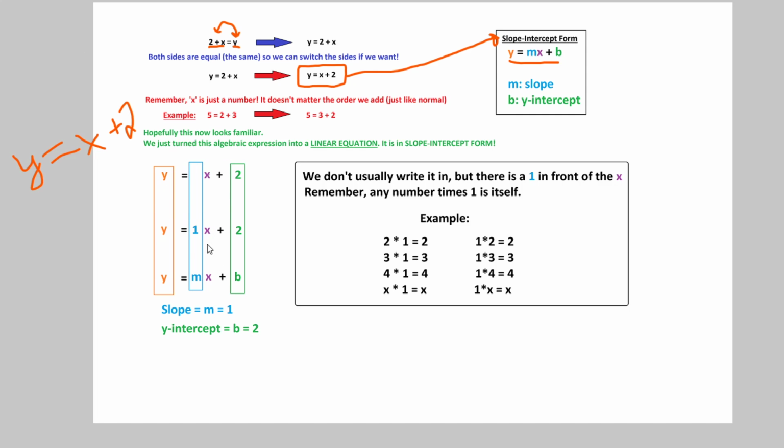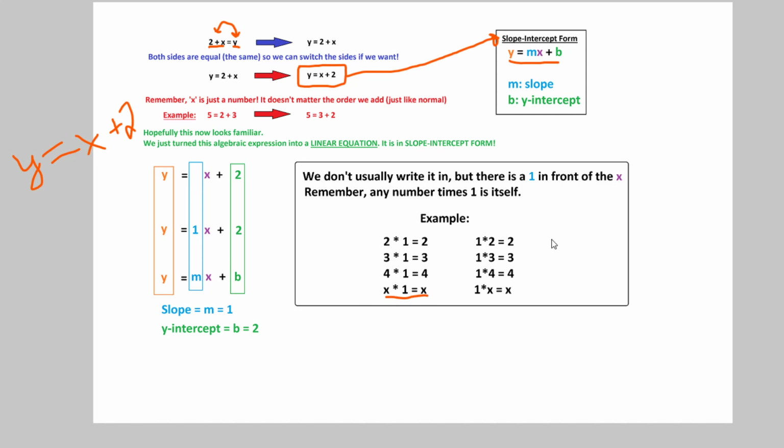So we don't see a number written in front of this x. Whenever you don't see a number there, that means that there's actually a 1. Okay? Because if you multiply any number by 1, you just get the same thing back. Right? 2 times 1 gives you 2. 3 times 1, 3. 4 times 1, 4. So x times 1, x.